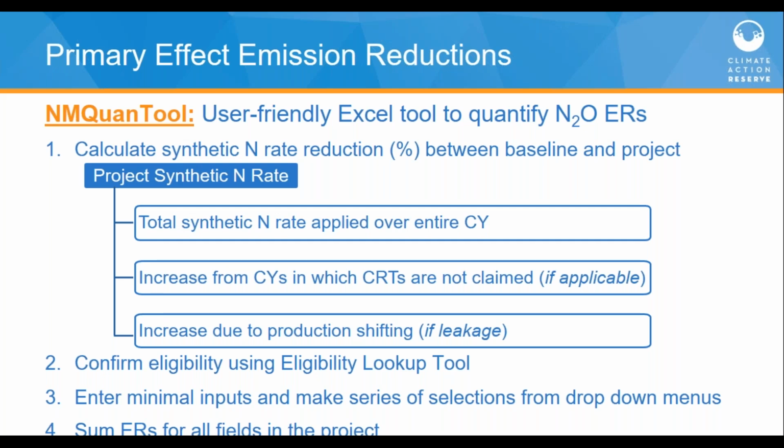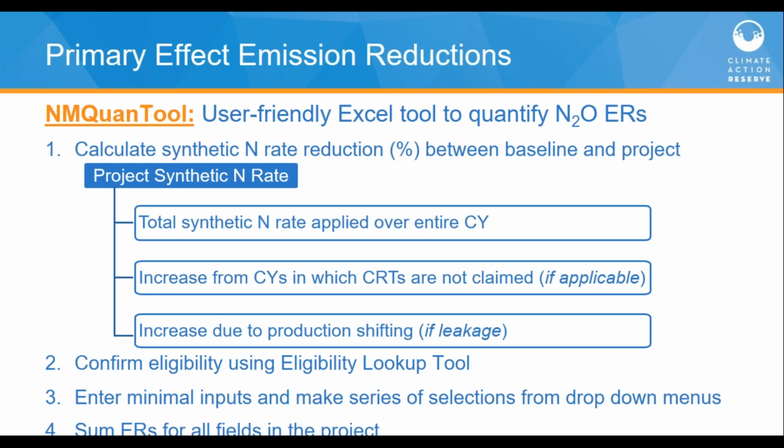But then there are 2 additional possible factors. Should there be situations where a project did not earn or seek credits in a given cultivation year, because we require continuous monitoring, any increases in nitrogen applied in those years compared to those fields' respective baselines, that increase in that change would need to be added. And then similarly, if it's determined there was leakage, which in greenhouse gas accounting criteria occurs when greenhouse gas emissions are changed or moved from outside of the project.